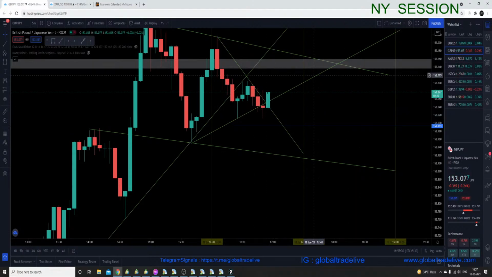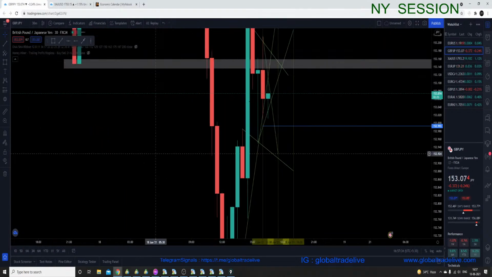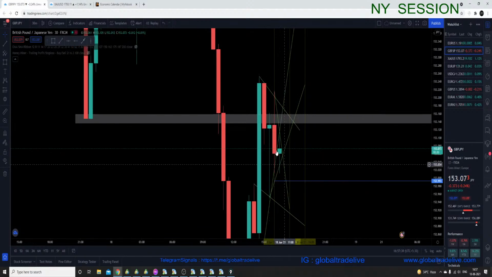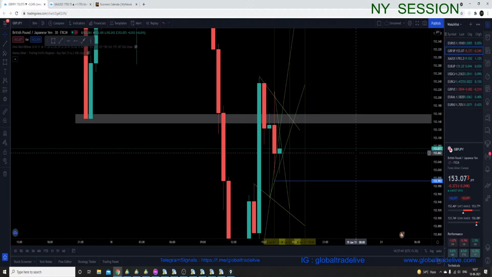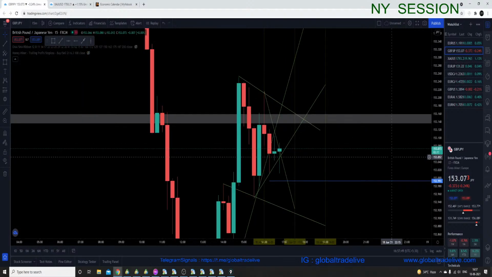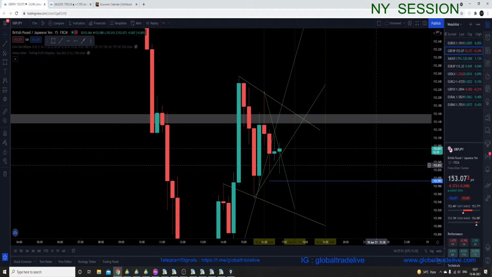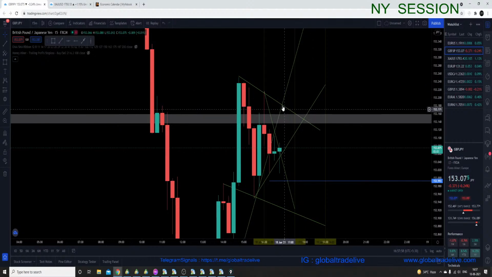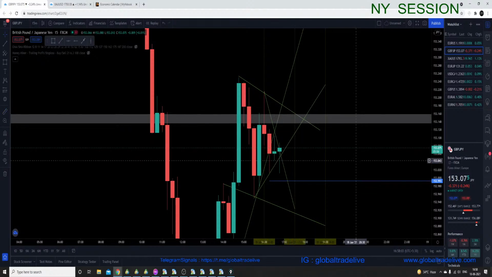Look, GJ is doing its thing. That means there is some room for the market to move up. This might be a retracement. Let's just sit and relax now. Right now the market is really moving nowhere. It can go up, tap this area, then reject, and then go down.